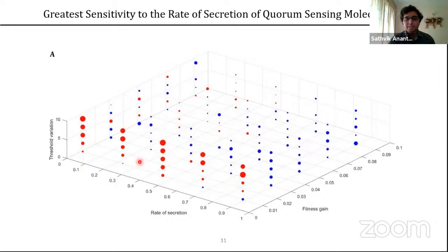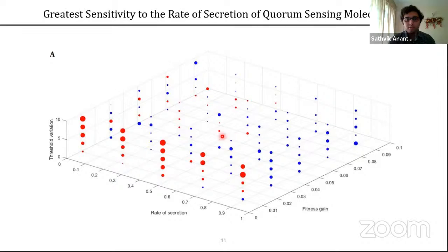In each of these cases, there are 2 strains that exist on the plate. There's a red strain and there's a blue strain. And in each of these cases, we are varying the parameter for the red strain along an experimentally amenable range of values along all 3 axes. And we're keeping the parameter for the blue strain constant at a median value.